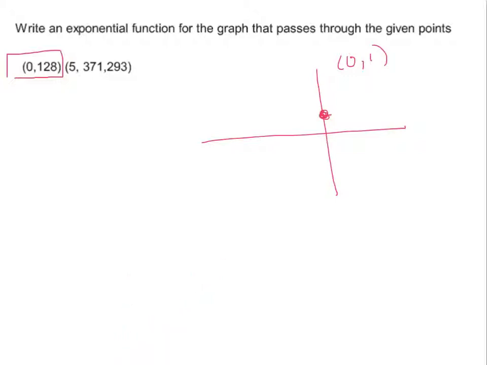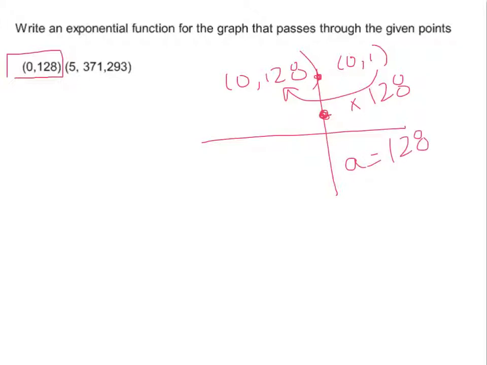So because we have (0, 128), in order to get from 1 to 128 we have to times it by 128, so this tells us that our a value is 128. Okay, we get all that from just that one little point.